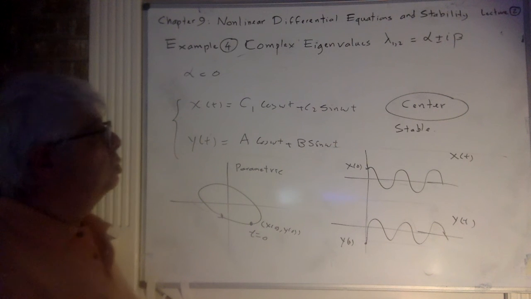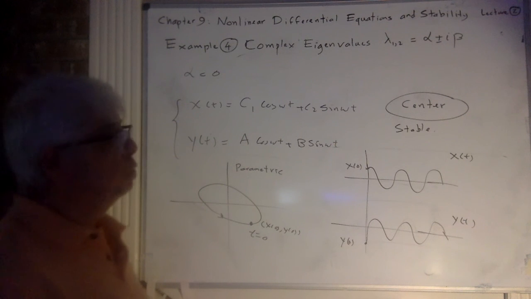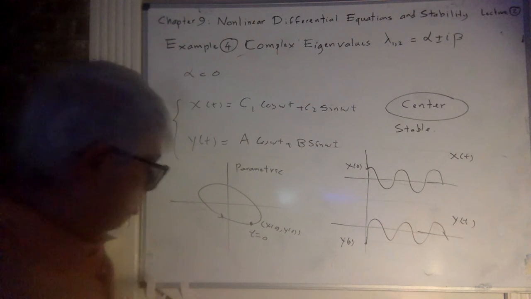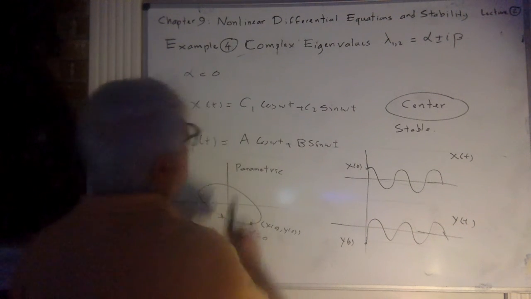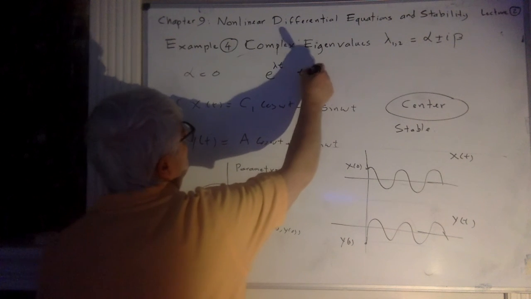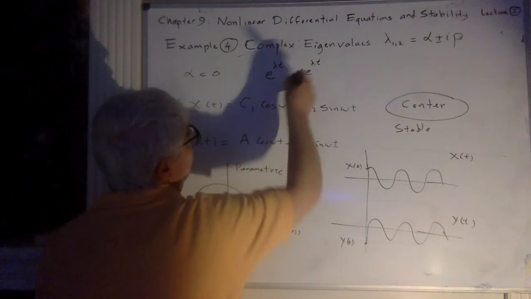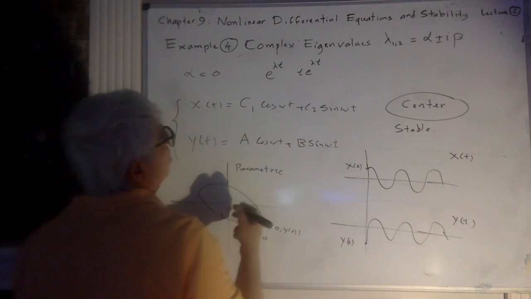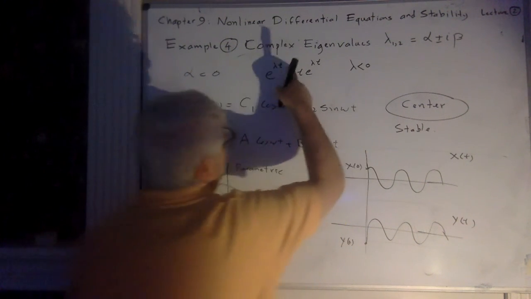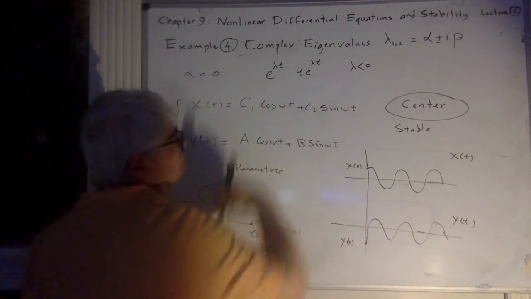When that happens, you can guess that in that situation, remember you had two solutions. One was e to the power lambda t, and the other one was t e to the power lambda t, right? So if lambda is negative, you can tell, this goes to 0, this also goes to 0.